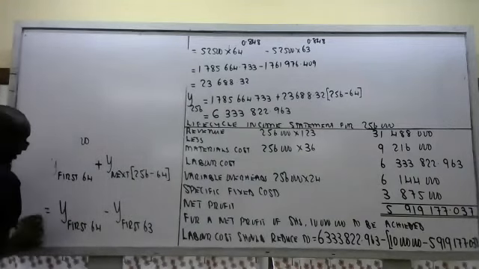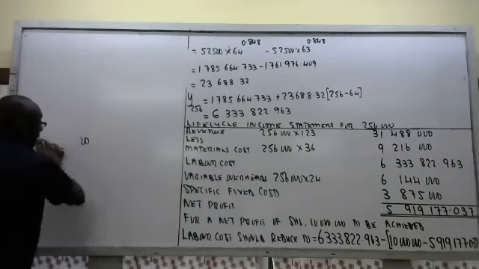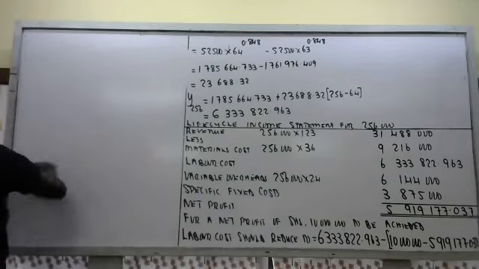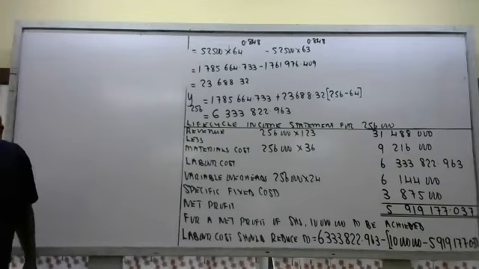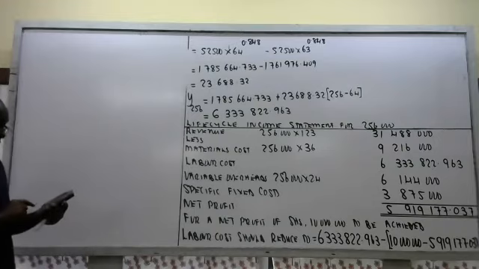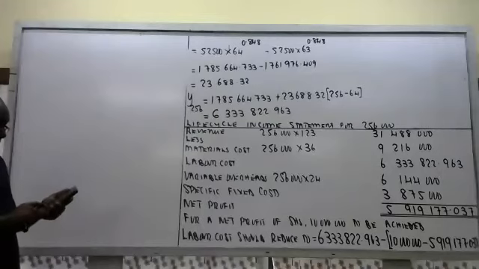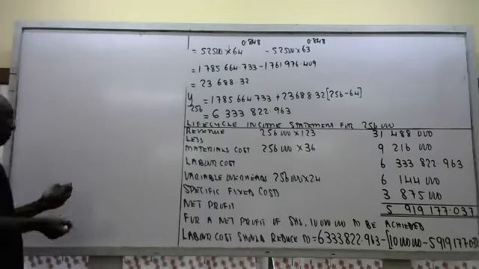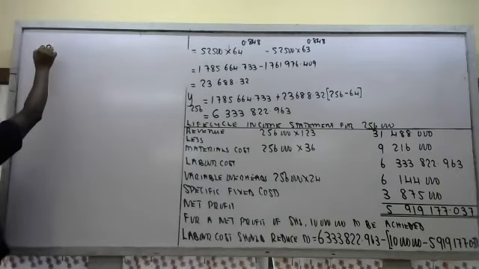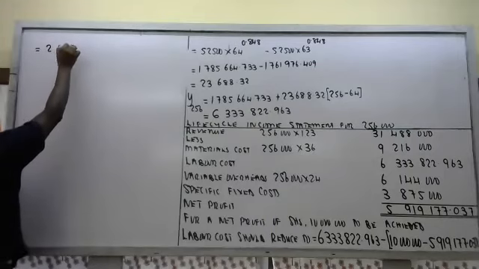If you want to make a profit of 10 million, then labor must go down. So labor must now be equal to 2,253,000.